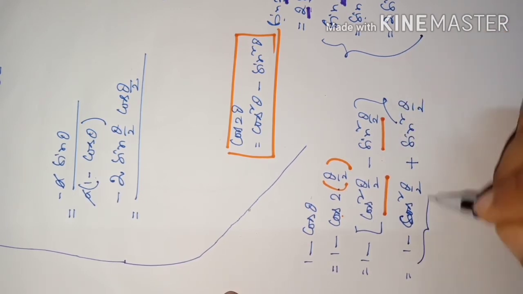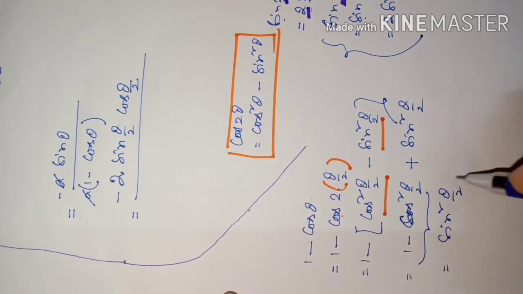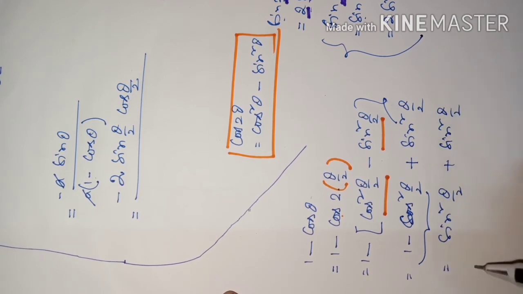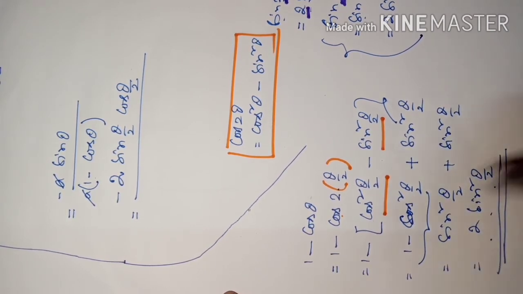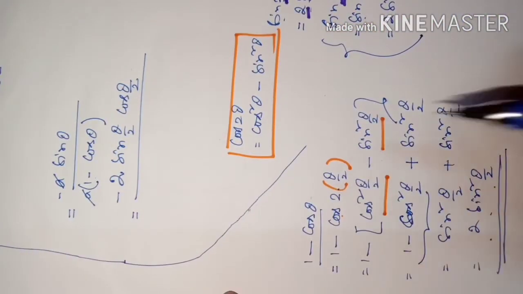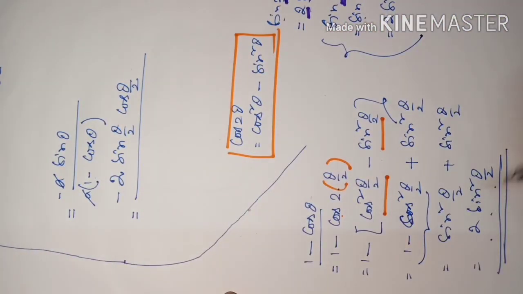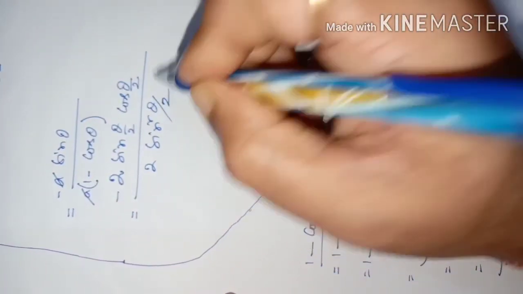And this whole thing is what? 1 more sin square theta by 2. Sin square theta by 2 plus another sin square theta by 2. That way it has become 2 times of sin square theta by 2. Just you see. Now this 2 sin square theta by 2 we can write here. 1 minus cos theta is 2 times of sin square theta by 2.